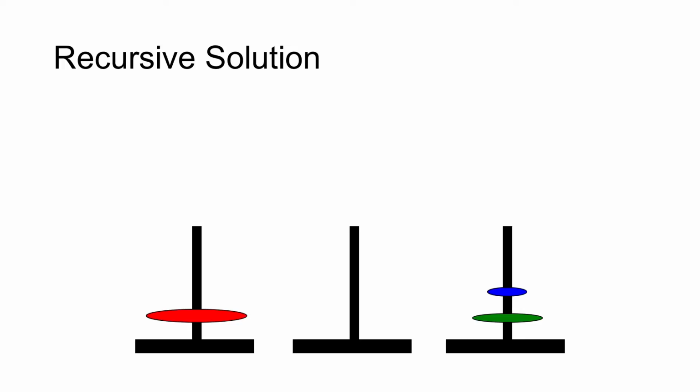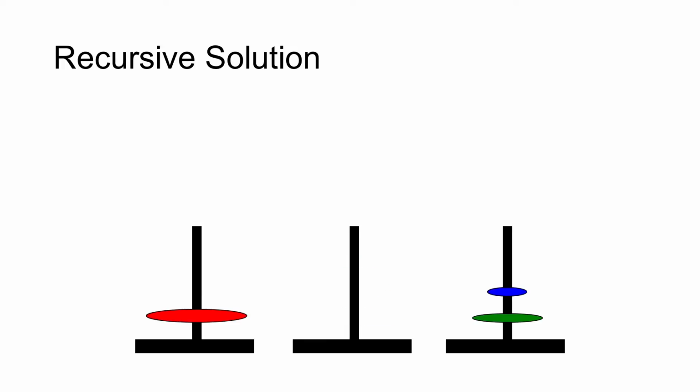And so now I just want to combine the solution, right? So I want to be able to move these n-1 disks on top of the biggest disk on one of the other two pegs. So let's just say I want to move it onto the middle one. And so now I'm going to assume I have a way of moving n-1 disks again to move these n-1 disks back onto the top of the largest disk.